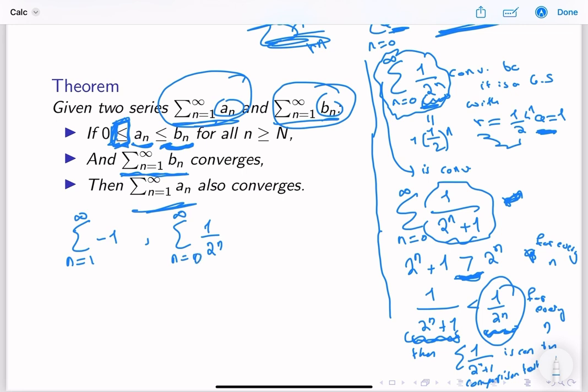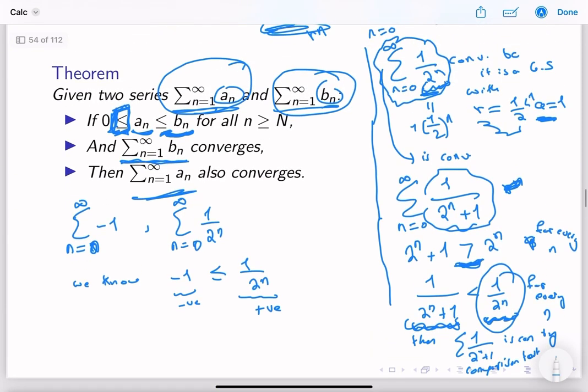Okay, so let's take 0 here. So we know for sure that -1 is less than 1 over 2 to the n. So this is always true because this is a negative number and this is a positive number, right? So this we know for sure.